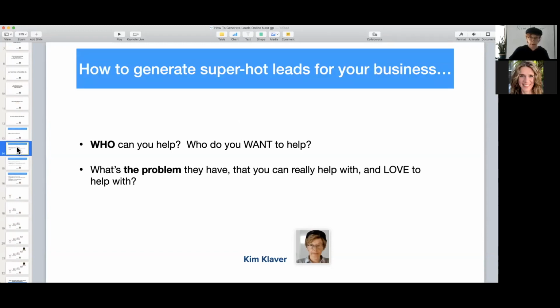Number 2, what is the problem that they have that you can really help with and love to help with? Okay. So for example, there are people who are in the doctor business, right? And some people are eye surgeons, other people are heart surgeons, other people are, I don't know, ear, nose, and throat specialists.